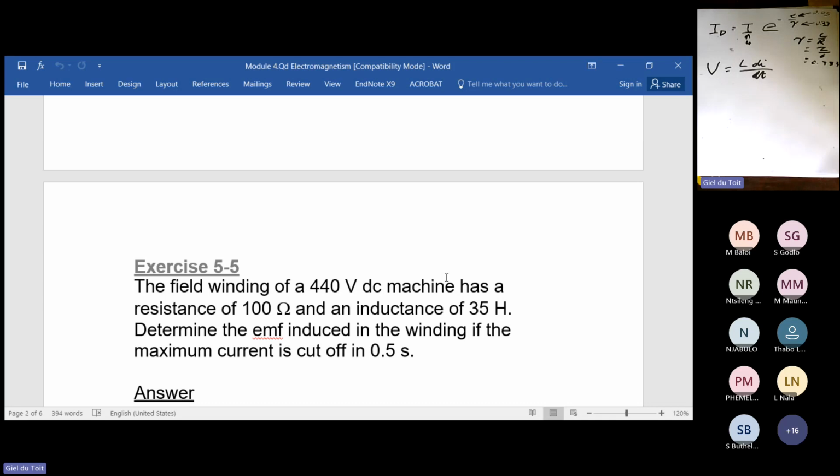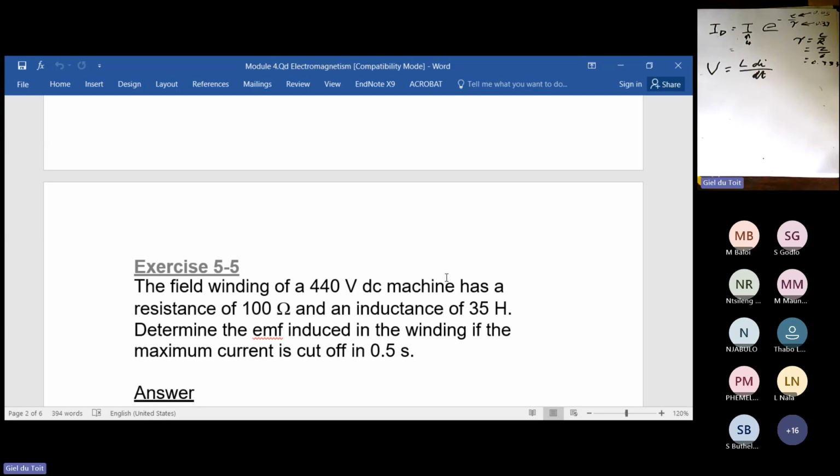What do you guys get for the voltage? We will just do it on your calculator. This is very quick to do. I don't know why it takes so long. What is the change in time? Come guys, it shouldn't take that long.